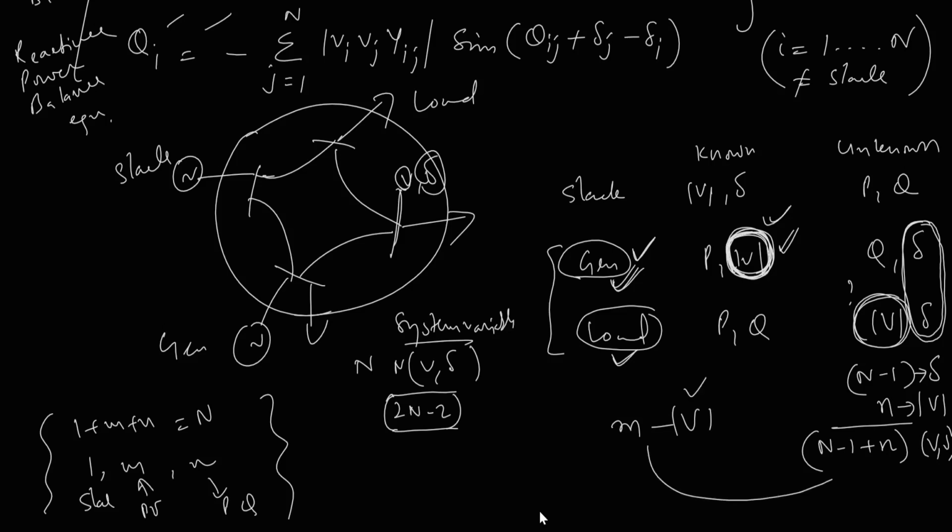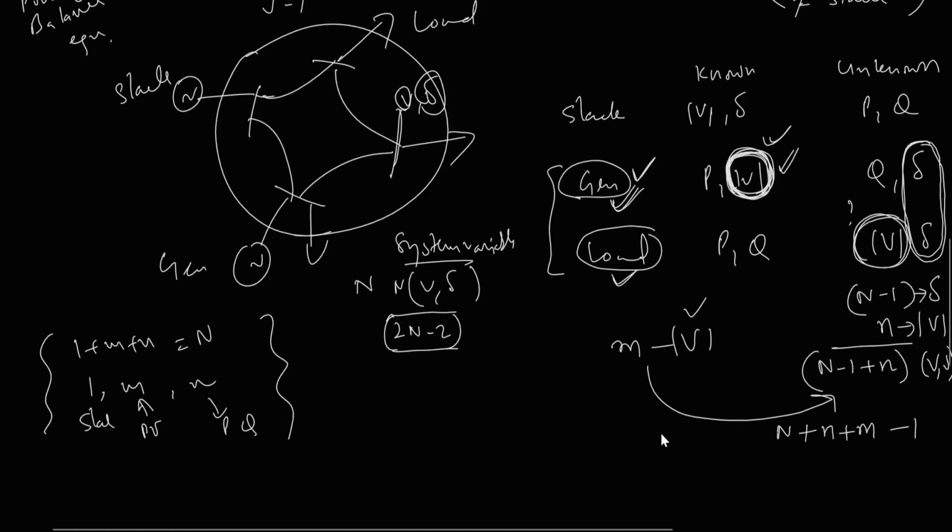If I add these two here, that is n plus small n plus m minus 1, minus 1, is that correct?